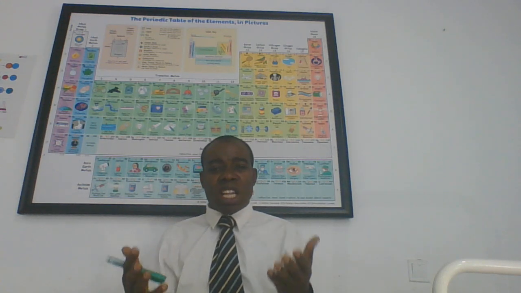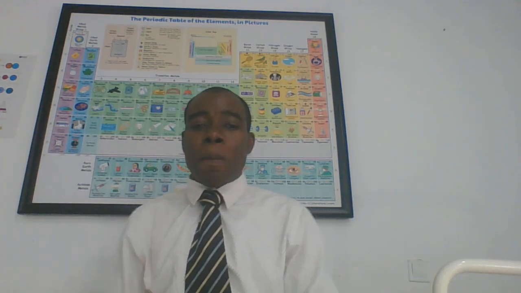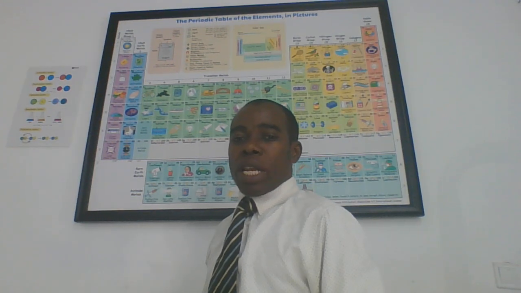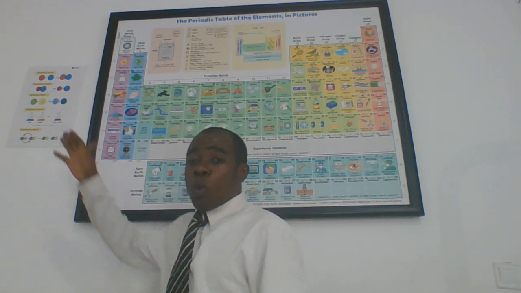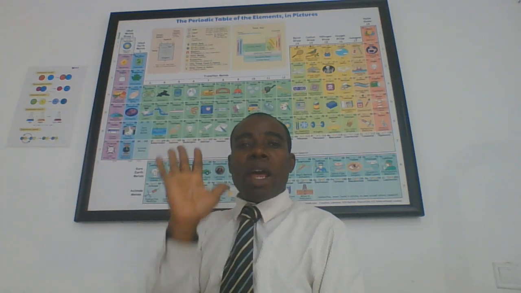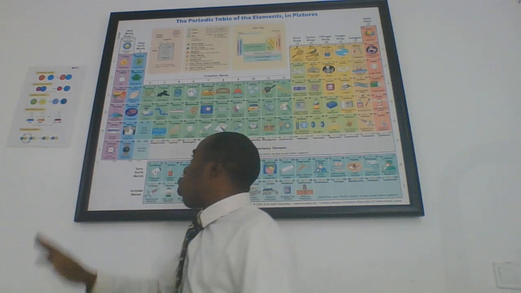Then what is the valence electron? The valence electron is the number of electrons in the outer electron shell of that particular element. Let's give an example so that you can understand this better. Let's start with the group 1 elements, for instance. The group 1 and 2 elements belong to the same block and they are called S block elements.